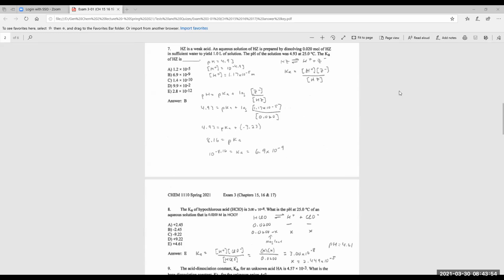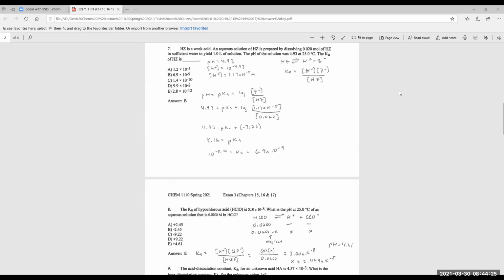In number 7, you're told that Hz is a weak acid. And then you prepare an aqueous solution of Hz by dissolving 0.02 moles of Hz in sufficient water to yield 1 liter of solution. You were also told that the pH of the solution was 4.93, and you wanted to calculate the acid dissociation constant.